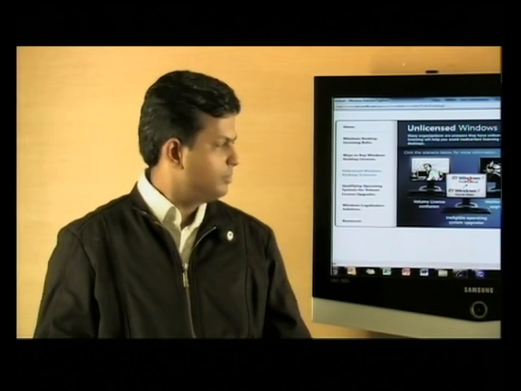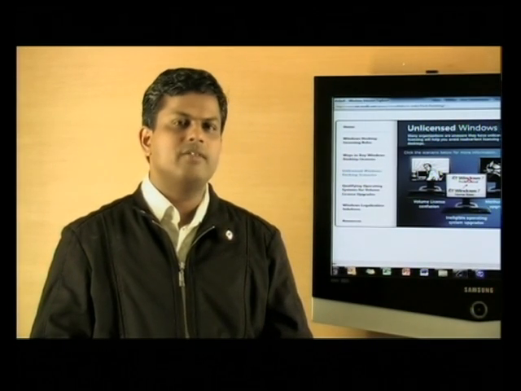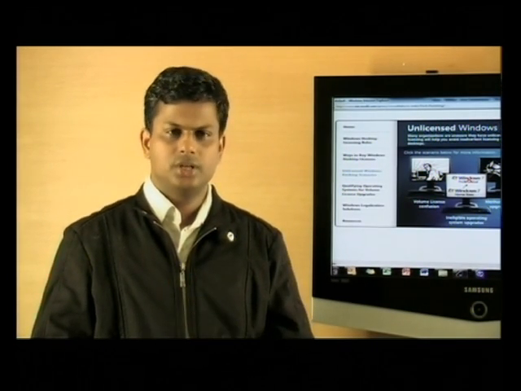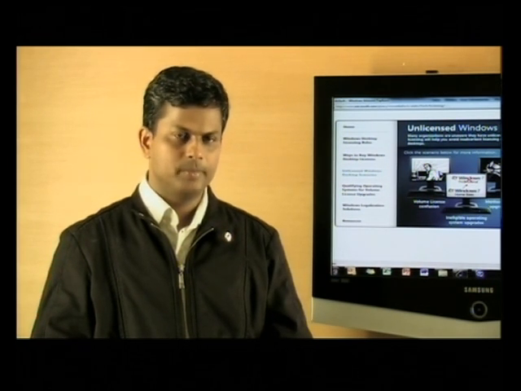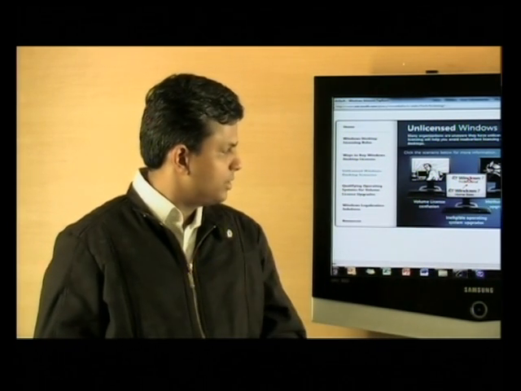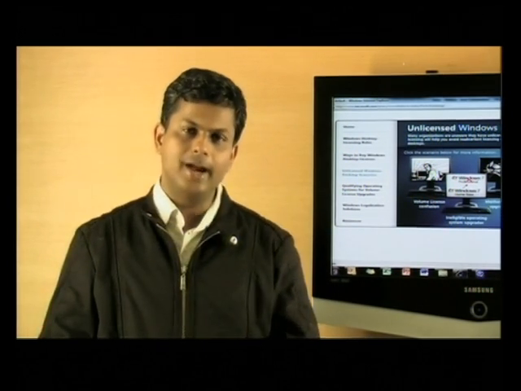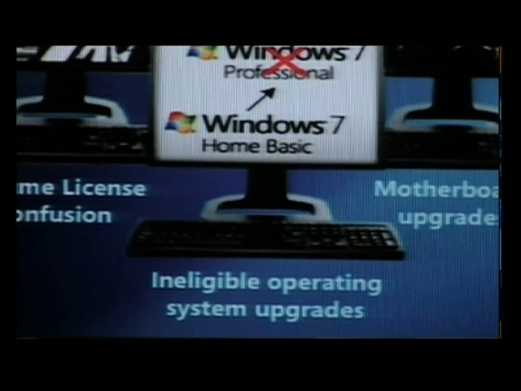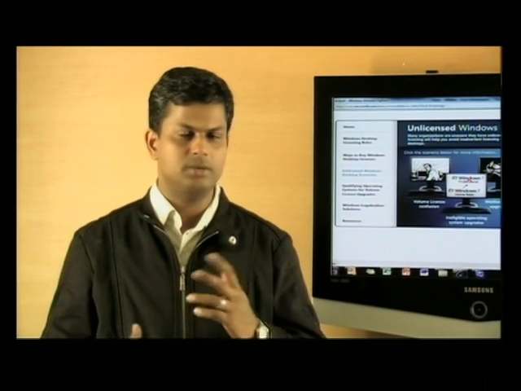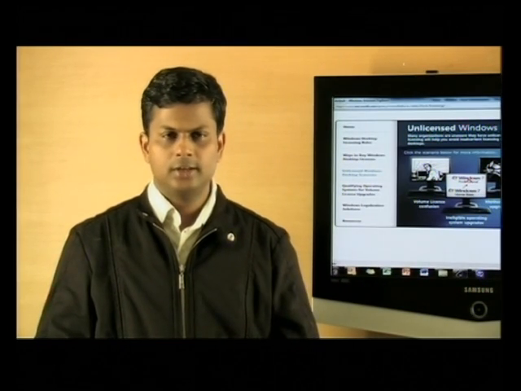That's not allowed. The second is around not having clarity around which of the versions that qualify for an upgrade. For example, here in this scenario, there's a customer who is using Home Basic and is looking to move to Windows 7 Basic or to Windows 7 Ultimate or to Windows 7 Enterprise.